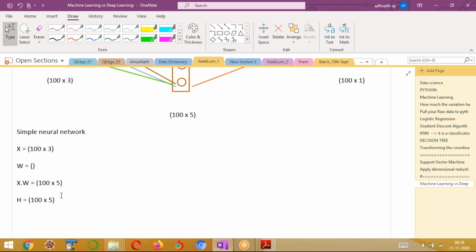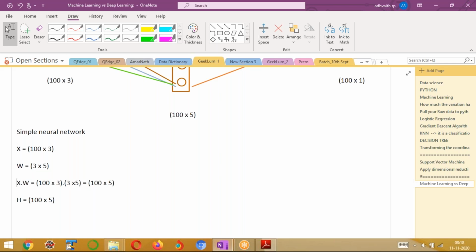Three by 5. Right? Why? Because if we multiply 100 by 3 into 3 by 5, my resultant should be 100 by 5. That is what I am supposed to get.